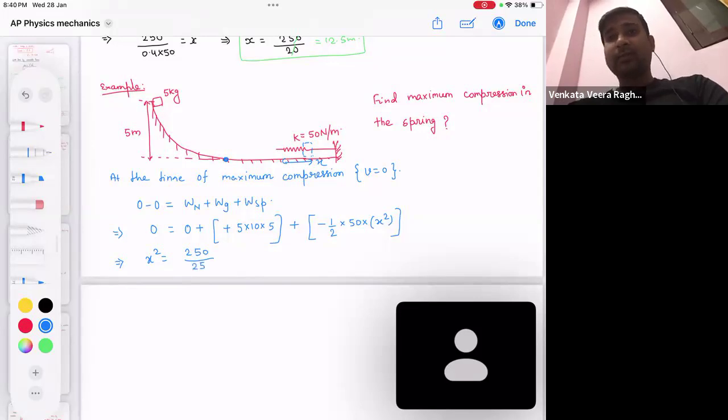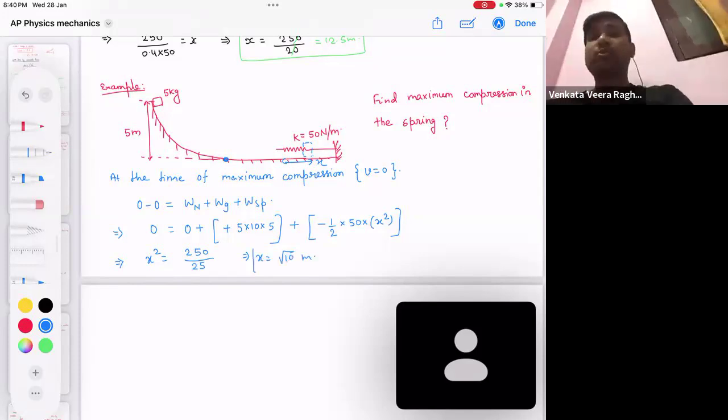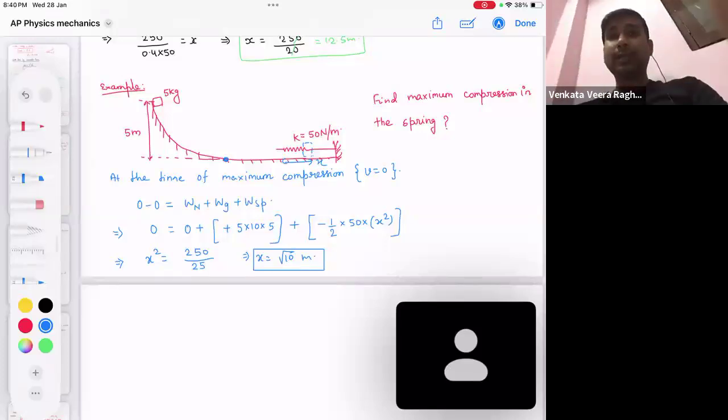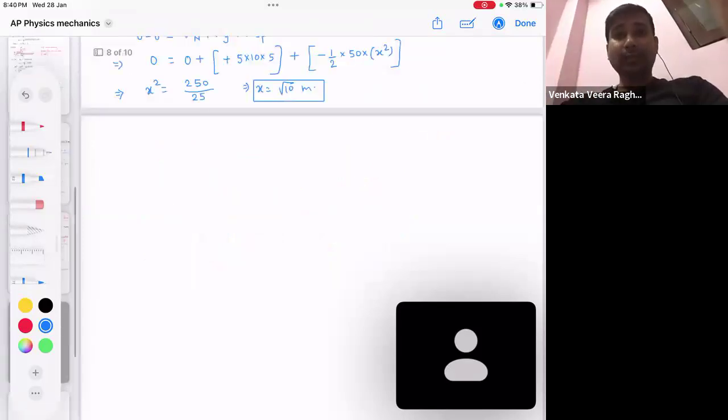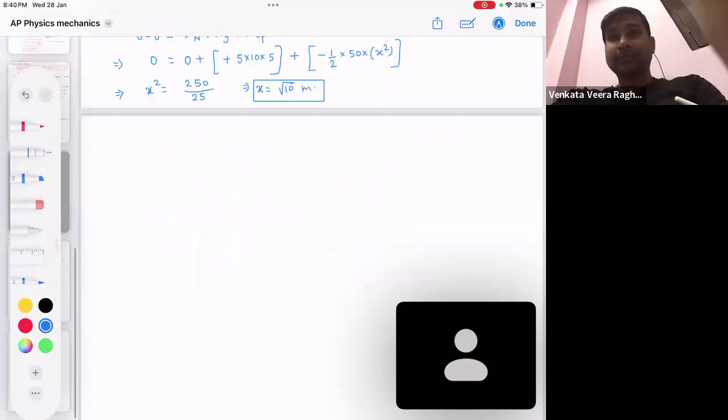So what is the value of x we are getting? Root 10. Maximum compression of how much? Root 10 meter we have. Okay, clear?